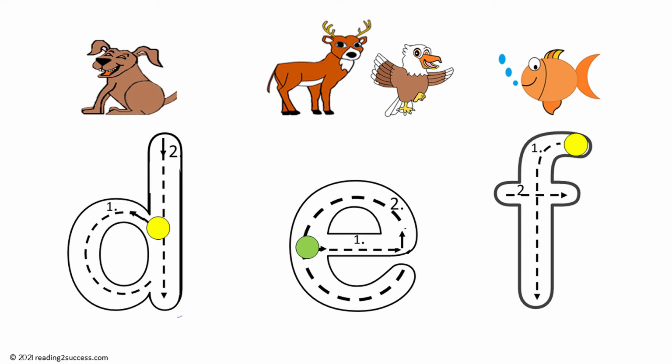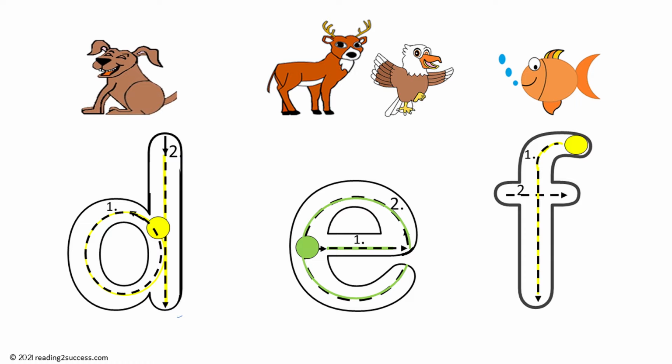Now have kids trace the D. They start at the yellow dot and follow the curve next to the 1, and then go to the 2 to the top and follow the straight line down. Now for the letter E, start at the green dot and follow the 1 across. Then follow the 2, the curved line all the way around.